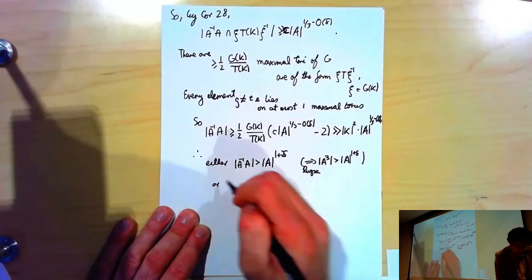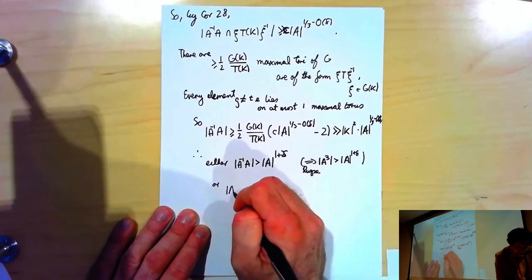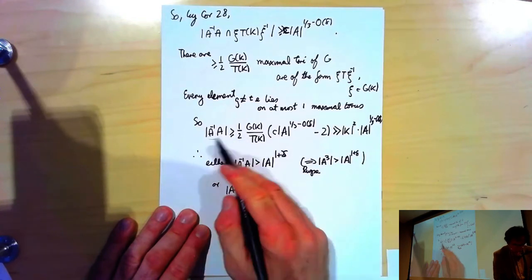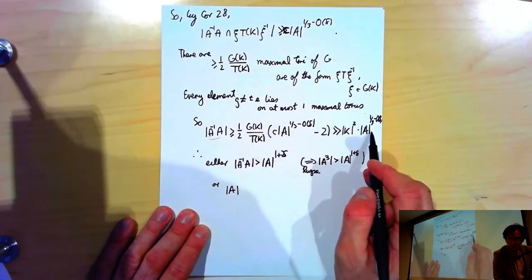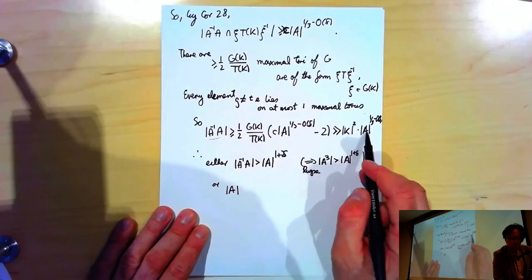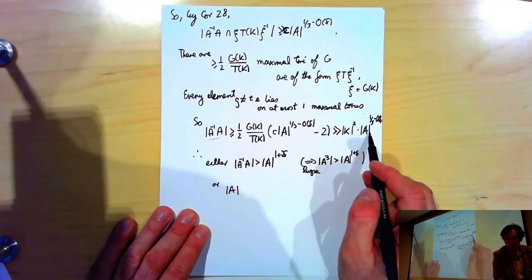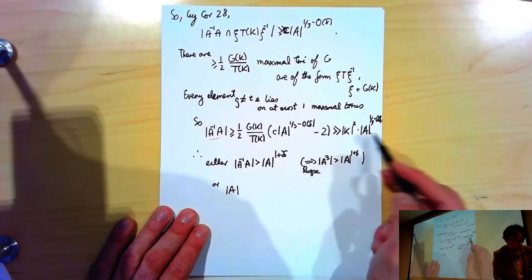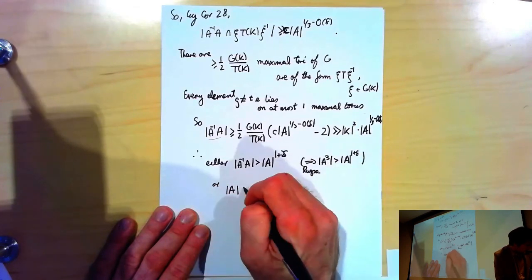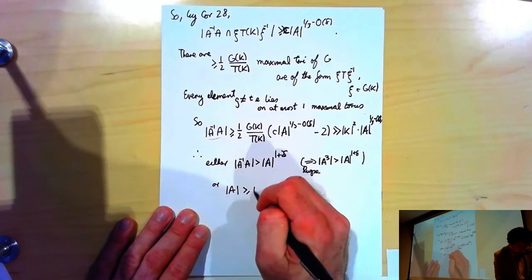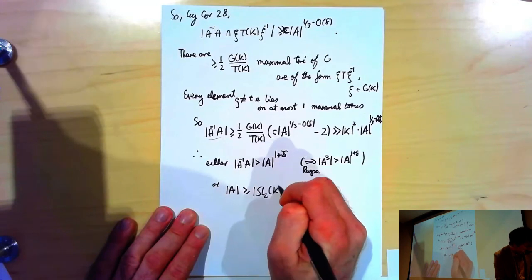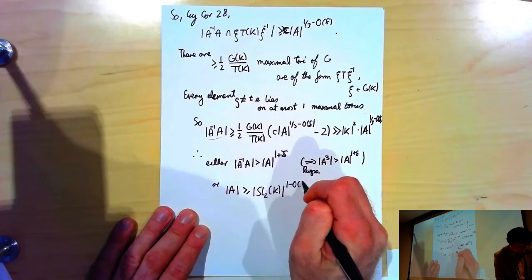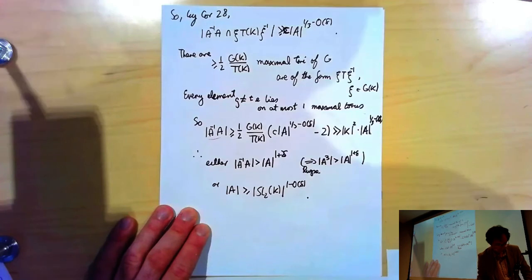Or A is huge. The only way that this thing is not going to be bigger than A to the 1 plus 2 delta is if A is already of size almost K cubed, that is of size almost SL2, which is what we wanted. That was the other conclusion.